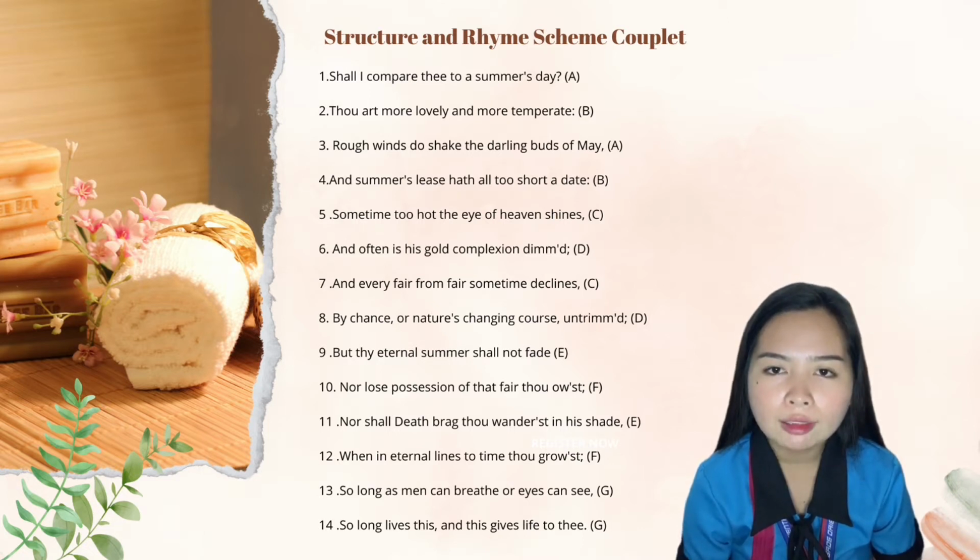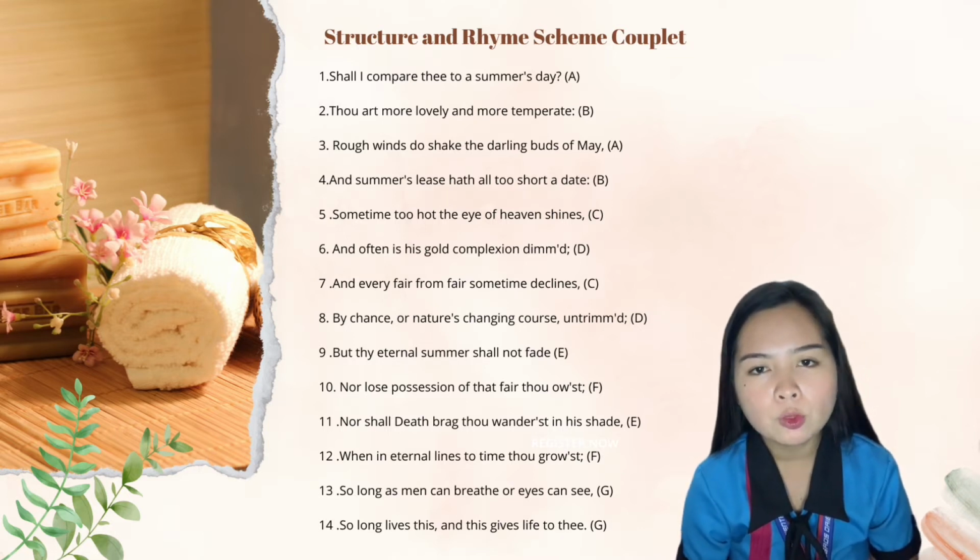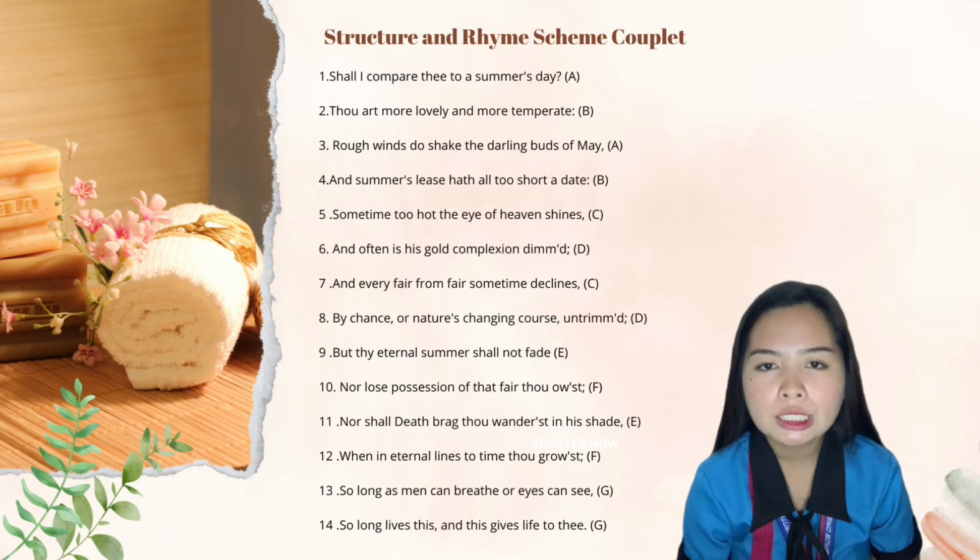The first 8 lines, or the first 2 quatrains, present a question, a central dilemma, a central comparison, a proposal, or a statement of some kind, and expound on that in lines 5 to 8.